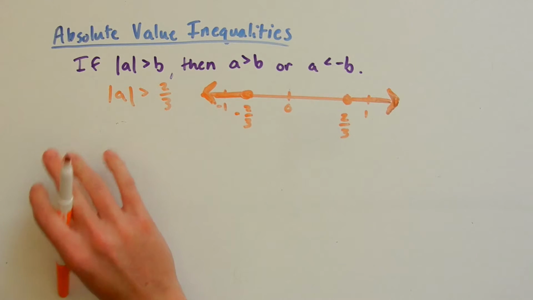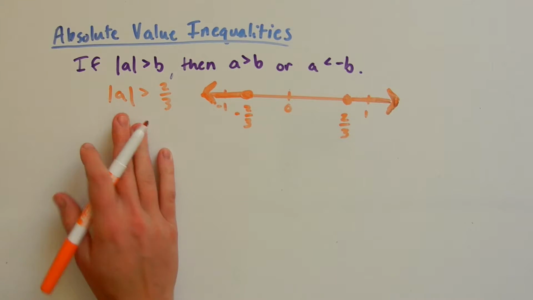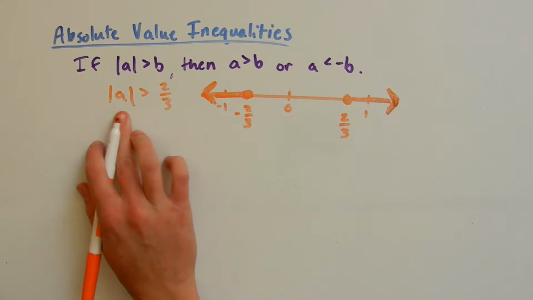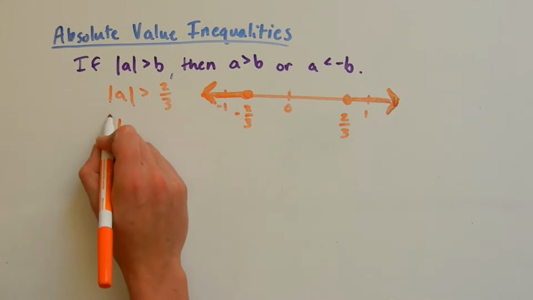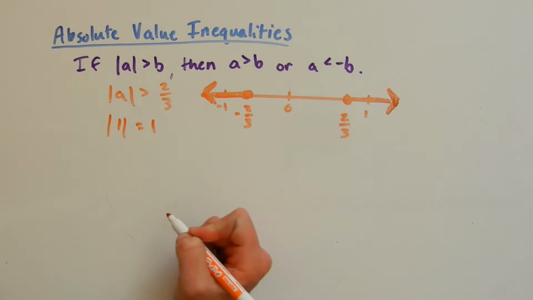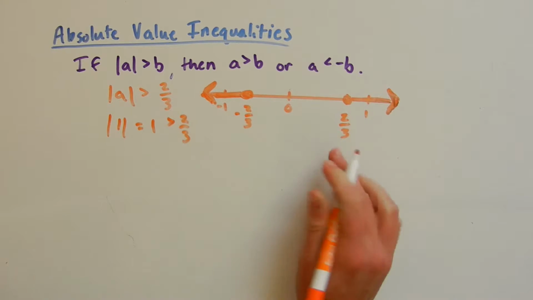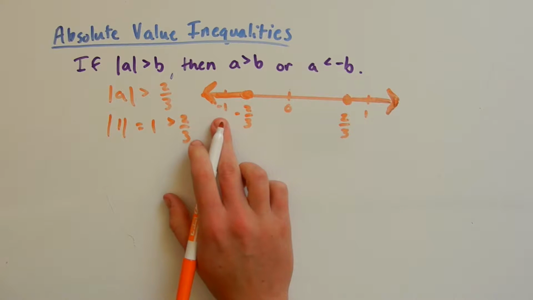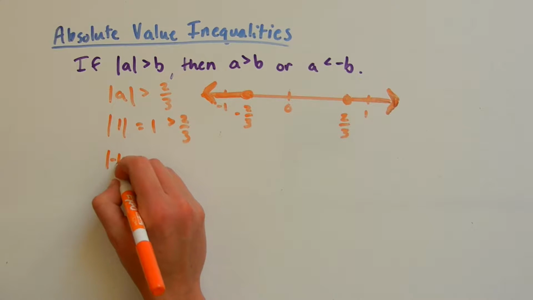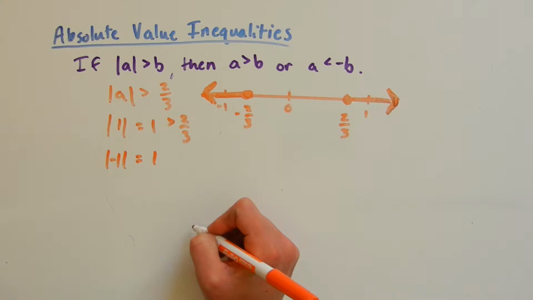Let's think about this before you just go along with it. Let's say that A is 1. The absolute value of 1 would be equal to 1. And 1, yes, is greater than 2/3. Let's look at negative 1. The absolute value of negative 1 is a positive 1.